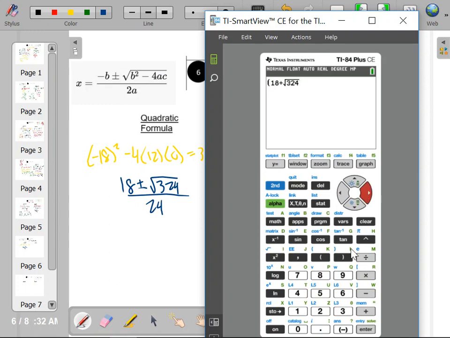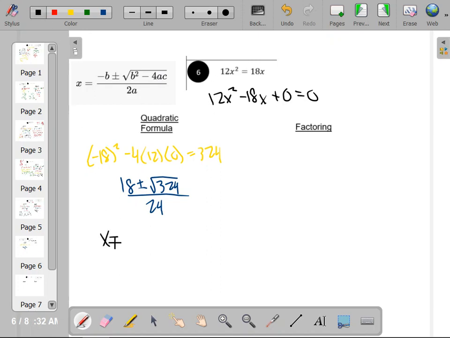Over 24. So one of them is 1.5, and the other one is going to be 0 because 18 minus 18 is 0. So 1.5 and 0. X equals 1.5, x equals 0.